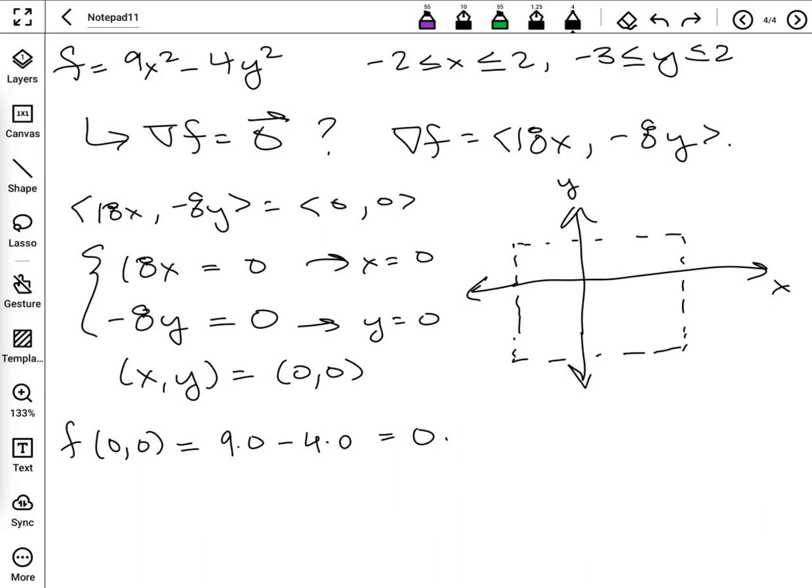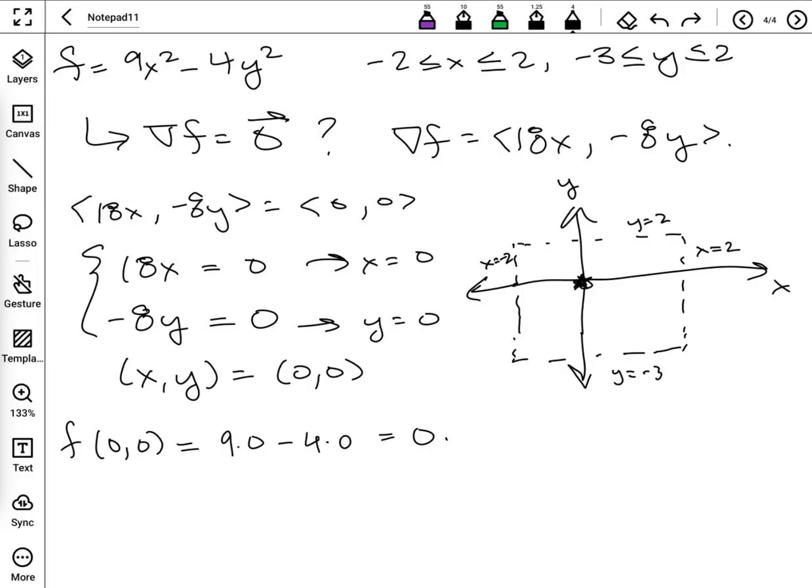So up to y equals 2, down to y equals minus 3, up to x equals 2, down to x equals minus 2. Around that region, I only found one point that satisfies the gradient equal to 0. That's at the origin, and I know at that point my function is equal to 0.